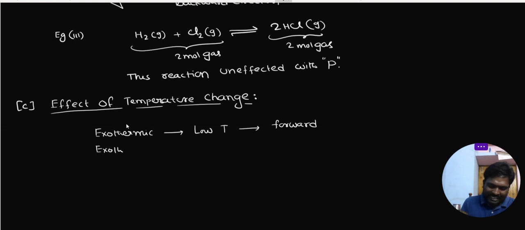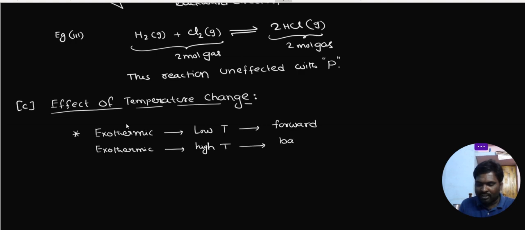This one sentence is very important. The remaining three cases we can easily write based on this first statement. Exothermic, high temperature, that is backward.